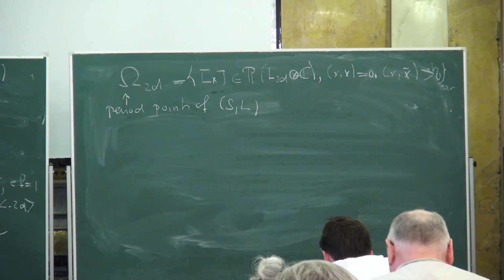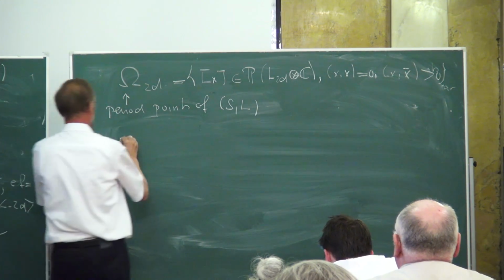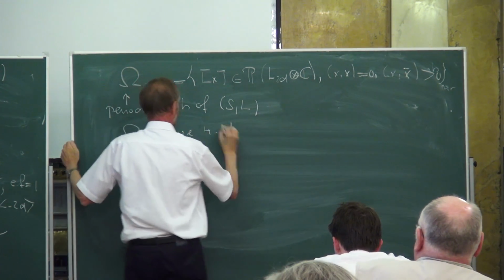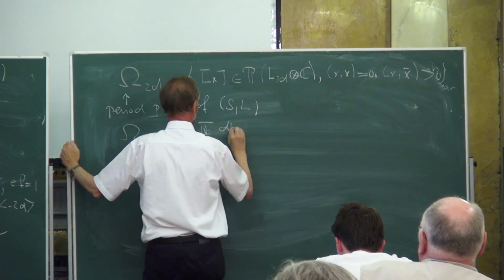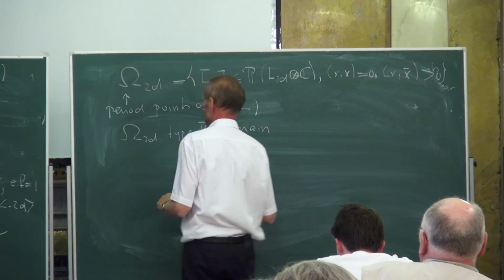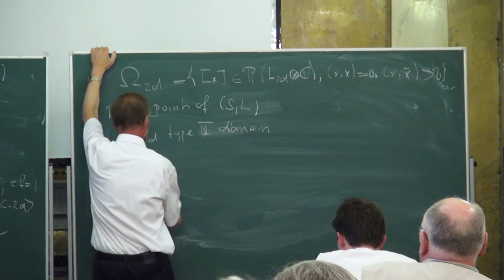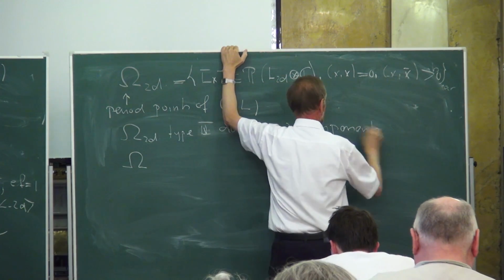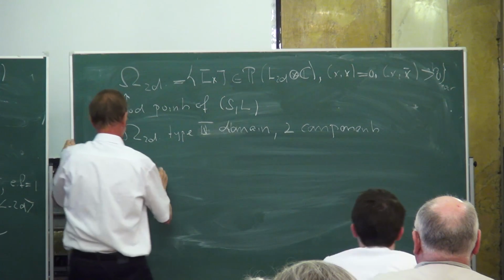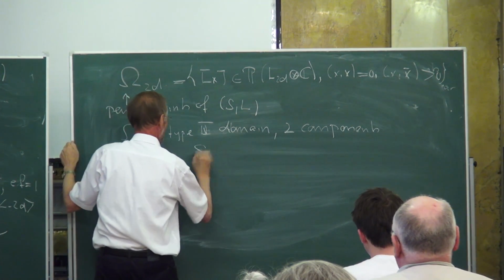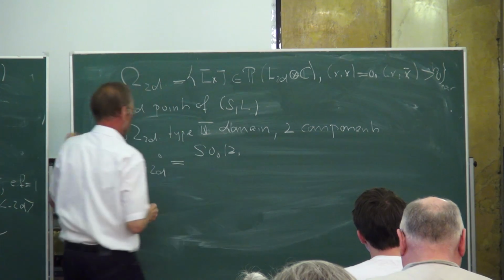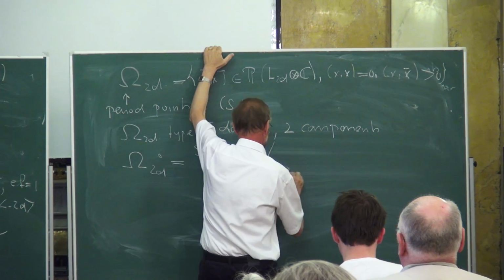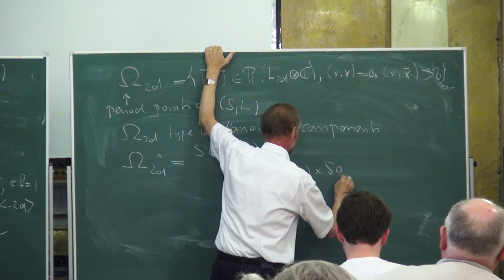Okay. And now we are in a slightly different situation. One thing is much better. So this is a type IV domain. Also, the signature is now 2 comma something. And by the way, these are homogeneous spaces. This has 2 components. Doesn't really matter for that story, but they have 2 components. And if I look at one of them, then it is the connected component of SO(2,19) divided by its maximal compact subgroup.